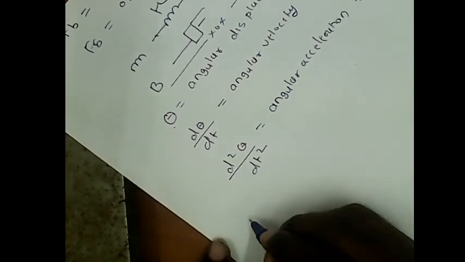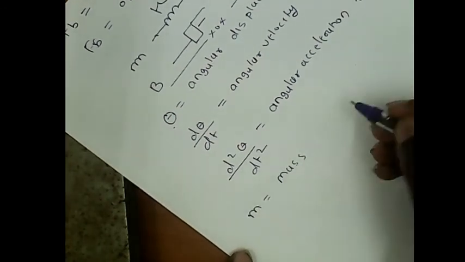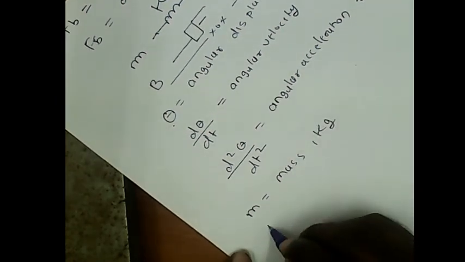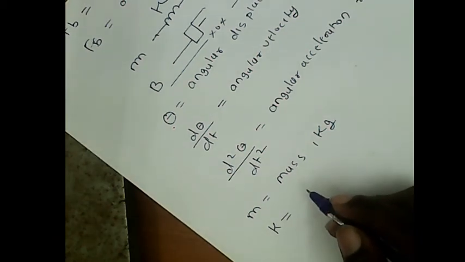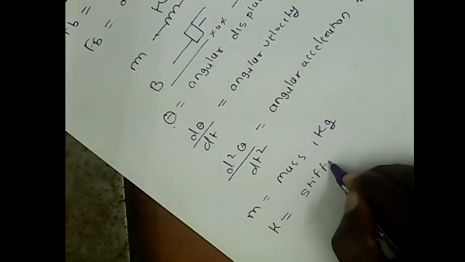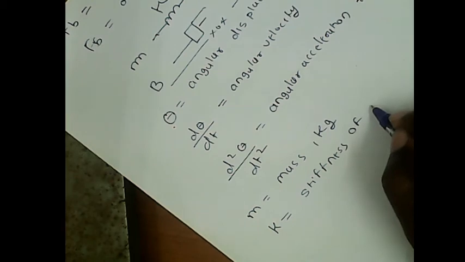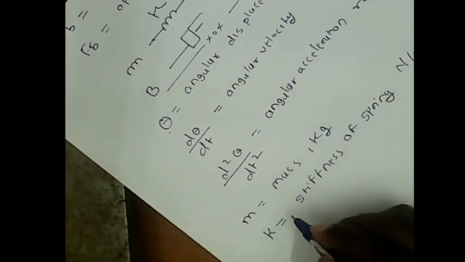Then M stands for mass, which is to be measured in kg. Then K is the stiffness of a spring, which is to be measured in Newton meter.